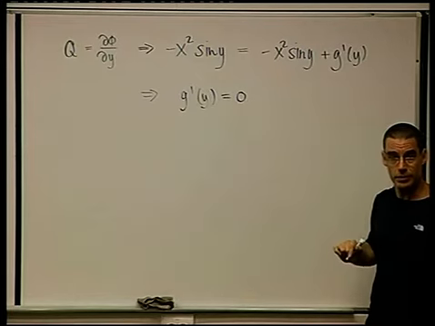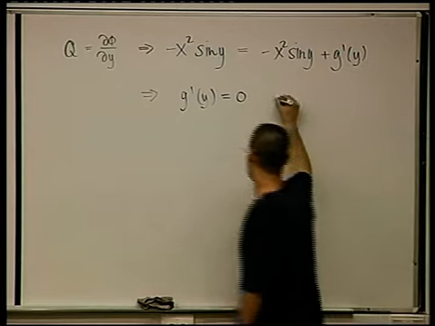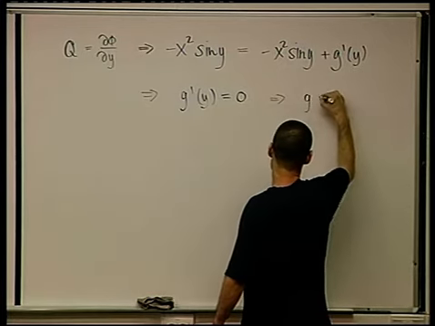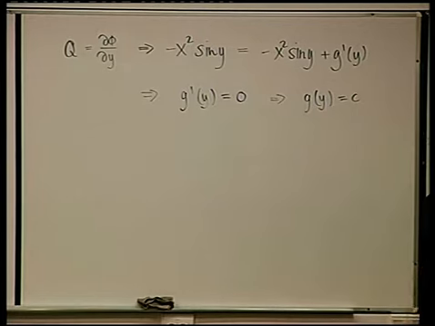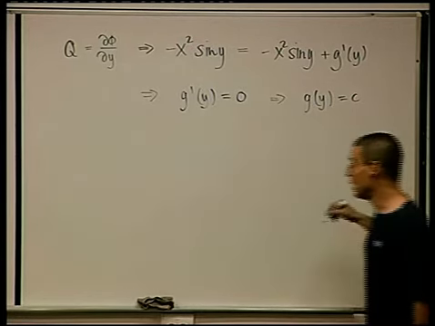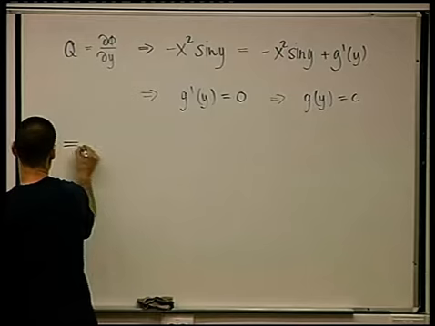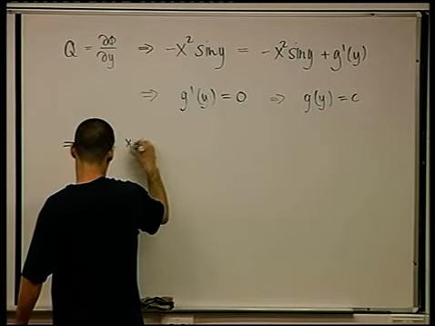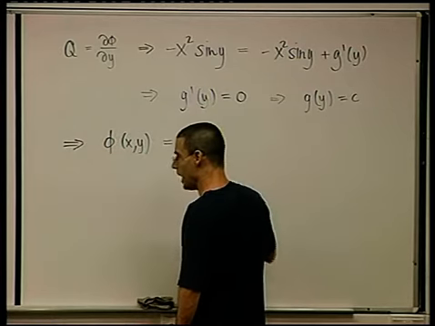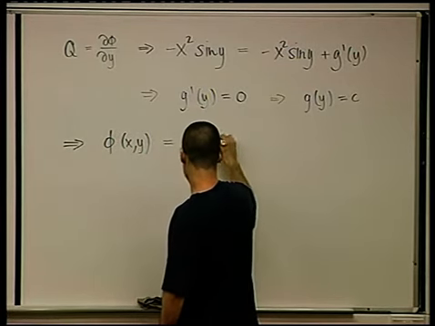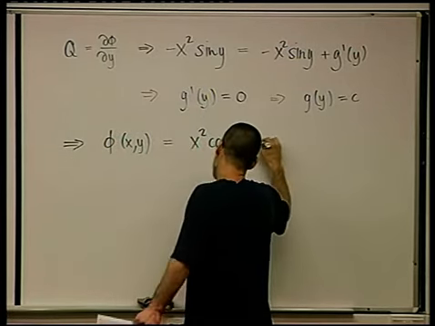It's y-less and x-less. So in this example, g of y is in fact a constant, some c. Okay? And now we can end this line of argument and say that phi of x,y is x squared cosine y plus c.